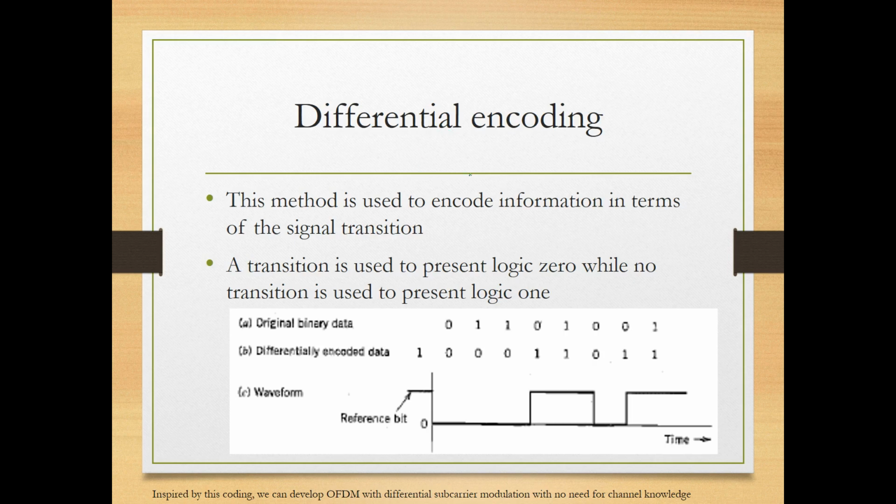So after that, we have differential encoding. Why do we use differential encoding? For many reasons. The first one is for the cases where you don't require perfect synchronization between the transmitter and receiver.